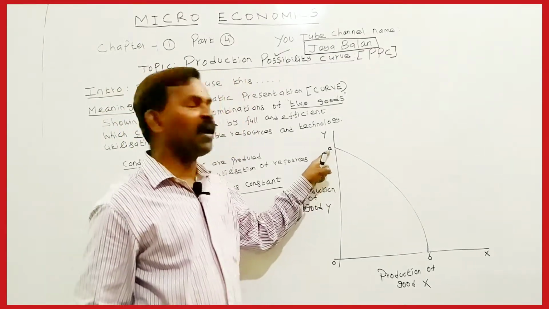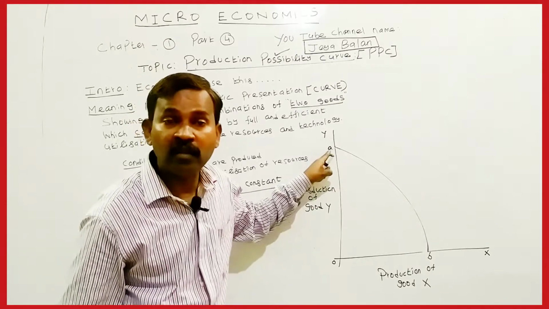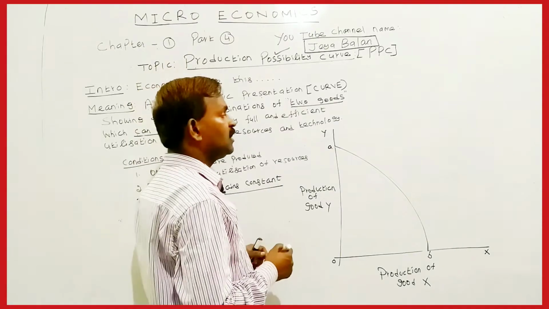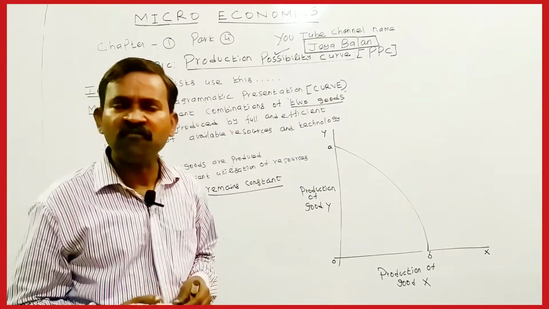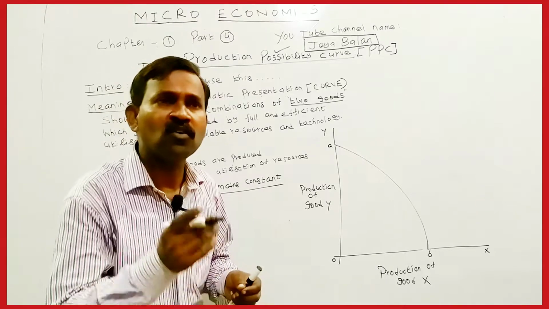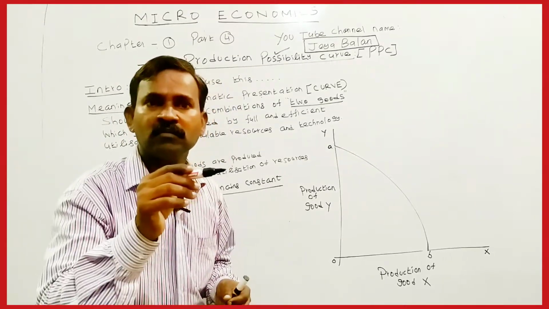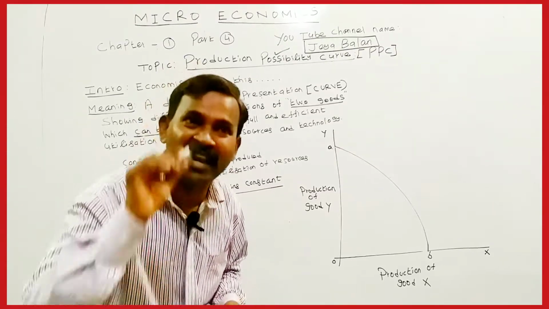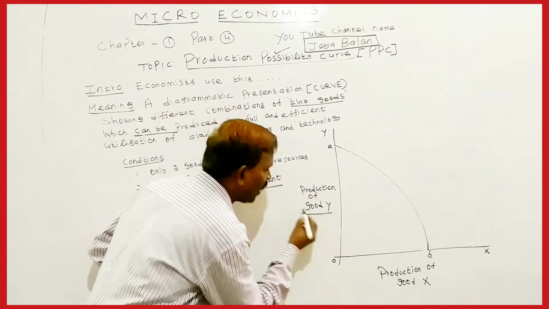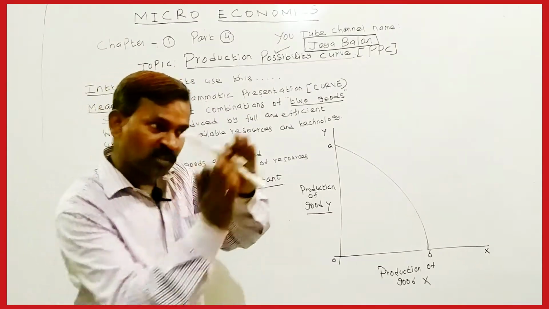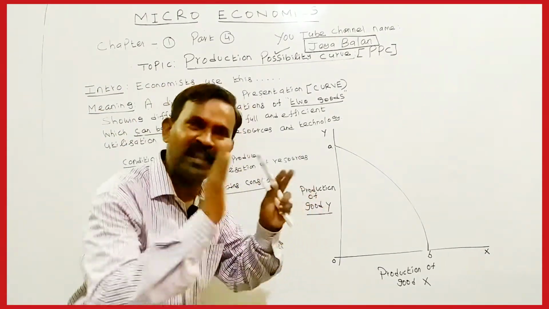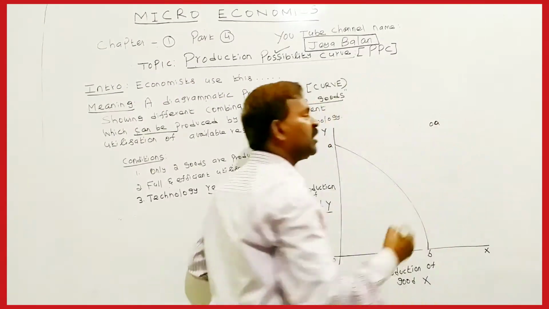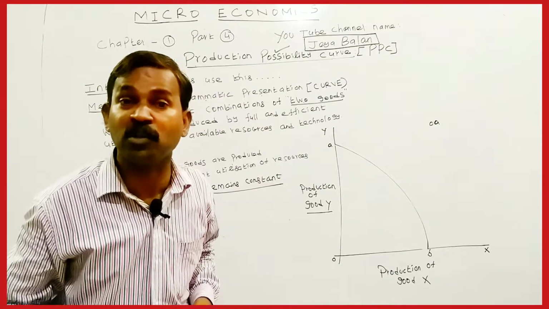What is the meaning of this point A? Point A shows that if the available resources of an economy are fully utilized only in the production of good Y, if all the resources are used in the production of only good Y, what is the quantity of good Y that can be produced by the economy?